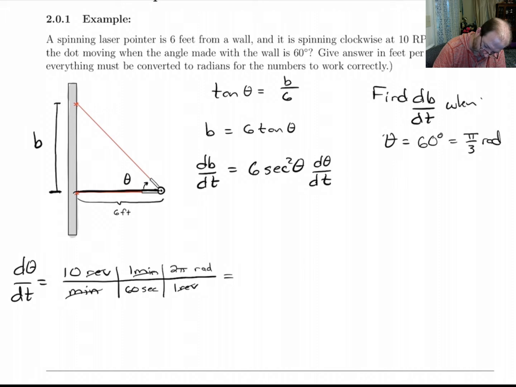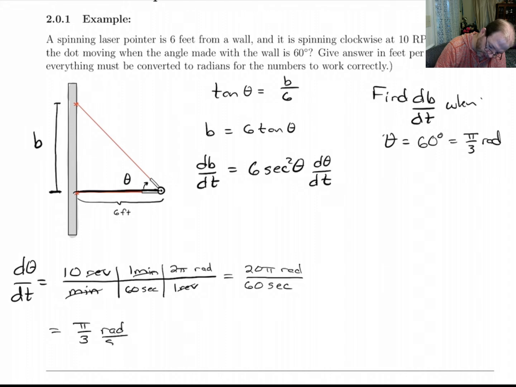If I multiply across, I get 20 pi radians per 60 seconds. And if I reduce that, it turns into pi over 3 radians per second. So that's my value I need for d theta/dt.